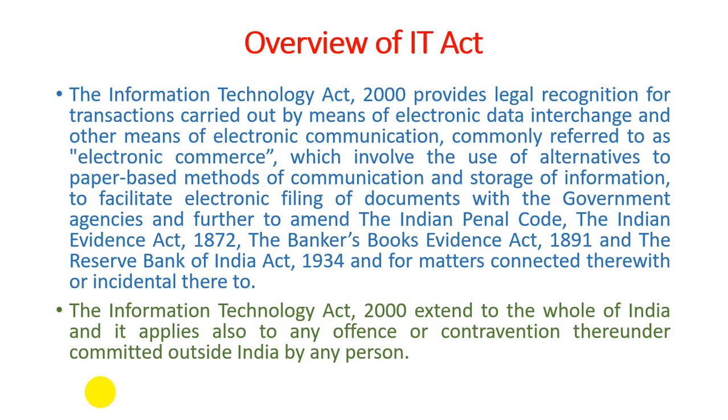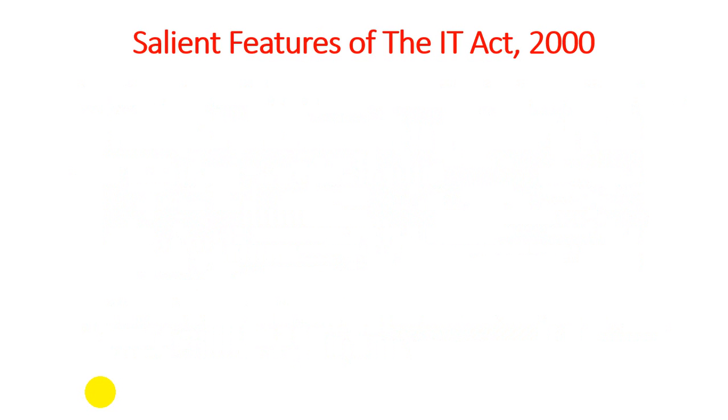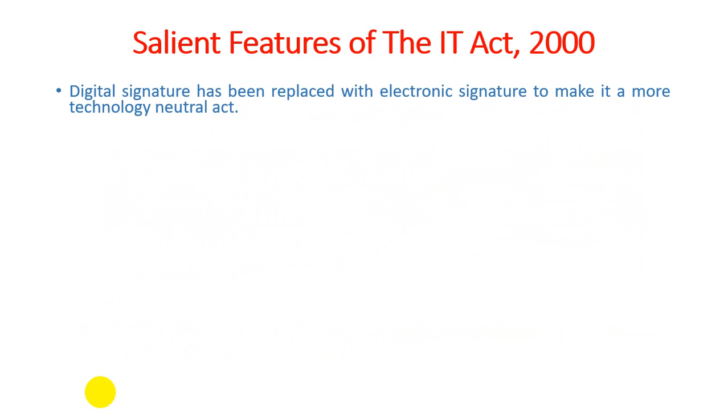If your business is in the Indian market or outside of it, if your organization is in India, then they can follow the IT Act 2000. And the IT Act 2000 is for all the Indian public, whether available in India or maybe outside of India. What were the salient features of the IT Act 2000? We will discuss them one by one.